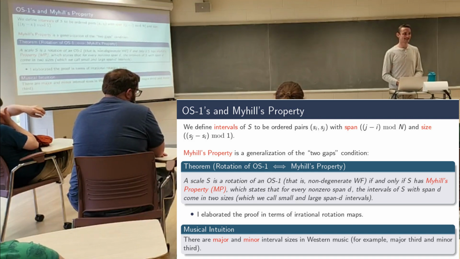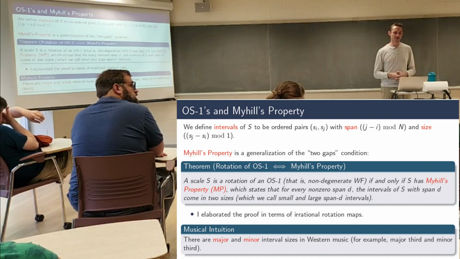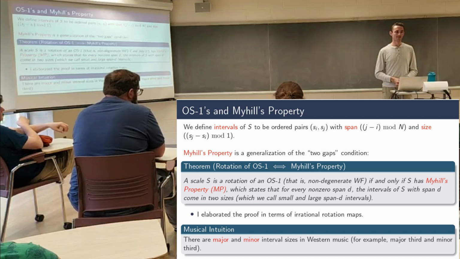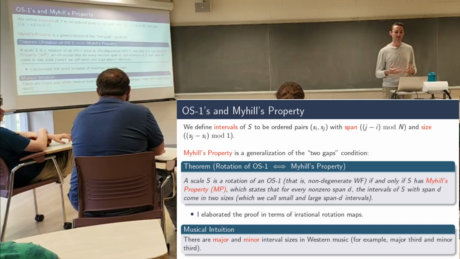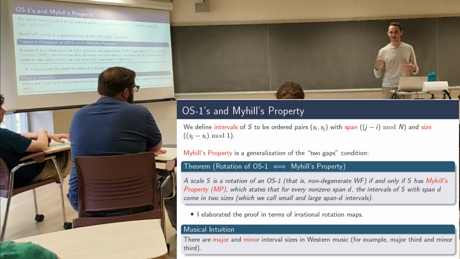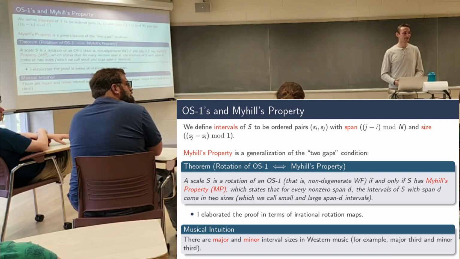But Myhill's property states that not only do the gaps come in 2 sizes, but if you consider any arbitrary span d, the intervals of S with span d come in 2 sizes. And for this, I also elaborated, clarified the proof, and put it in terms of irrational rotation maps.